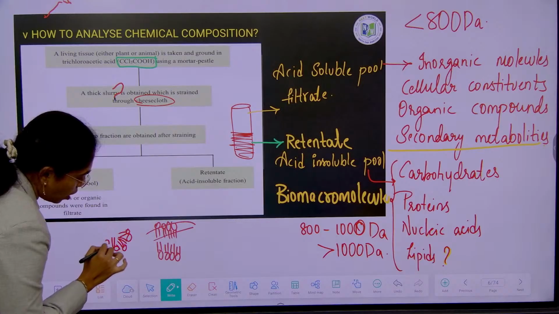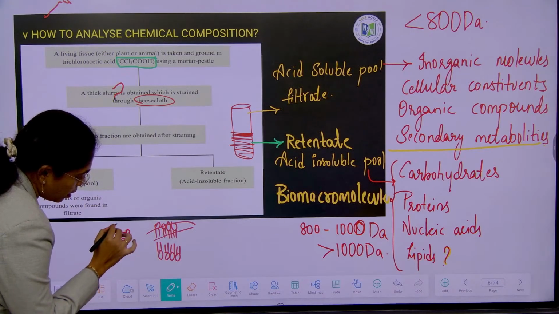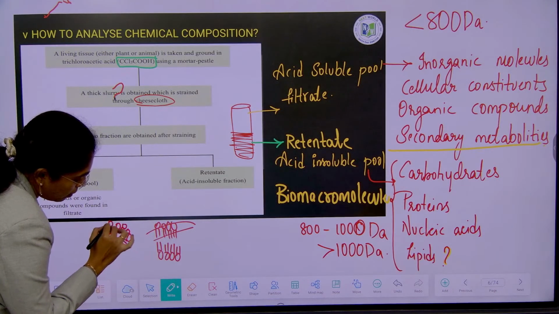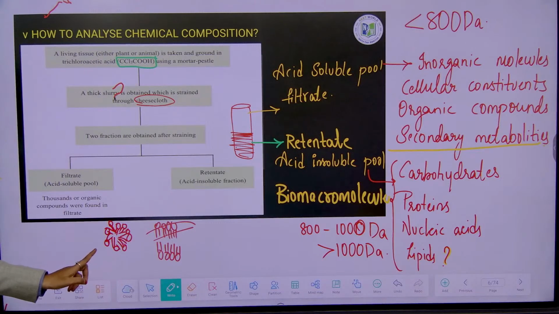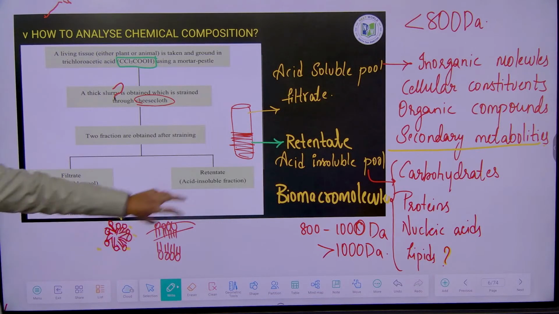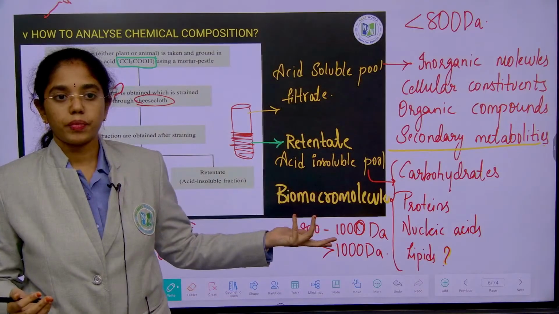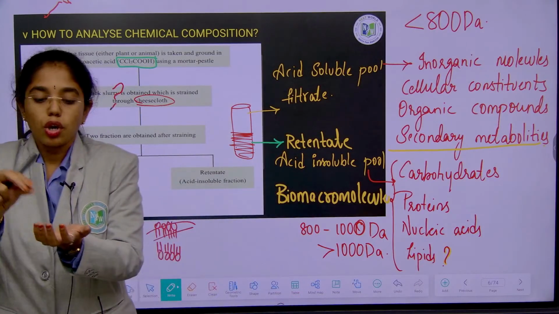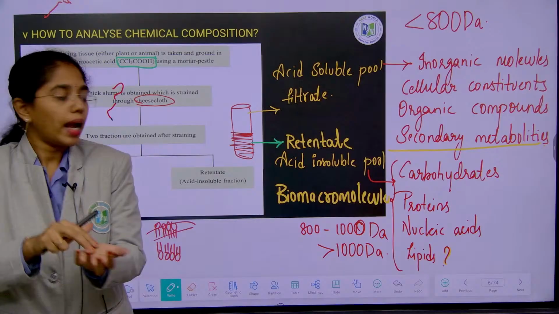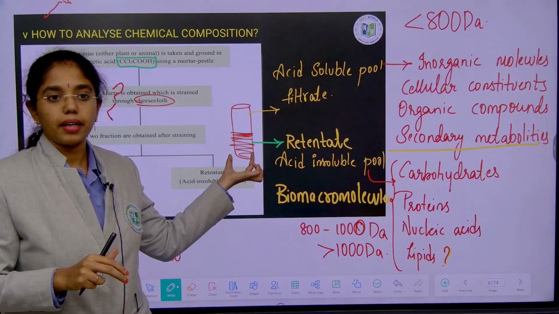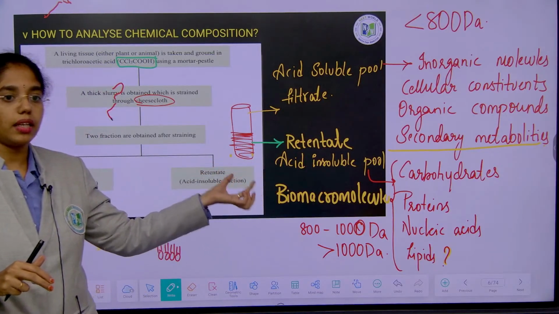I think you will also learn this in your chemistry. They will encircle like this, and these globules are insoluble in water. Insoluble in solvents, they will just form globules and they will land up in what? The retentate. That is the reason you will see it in the retentate.